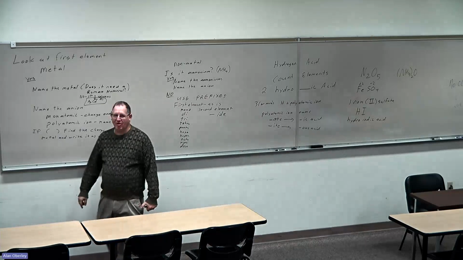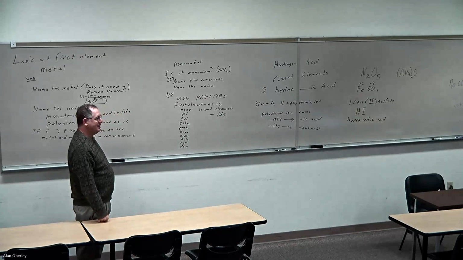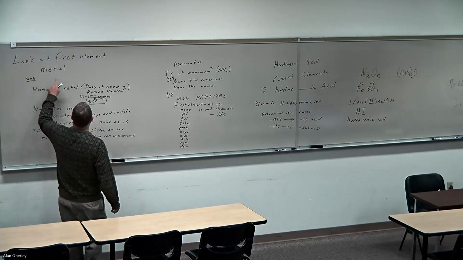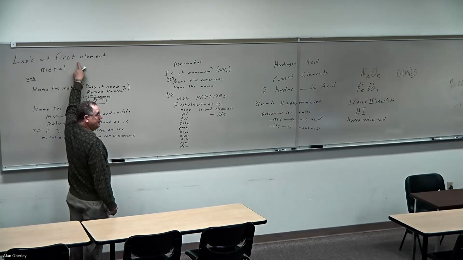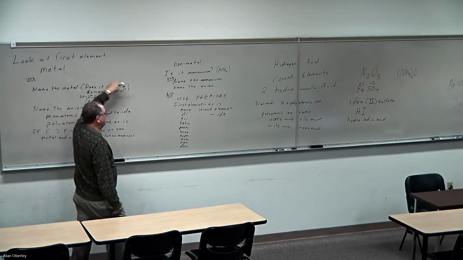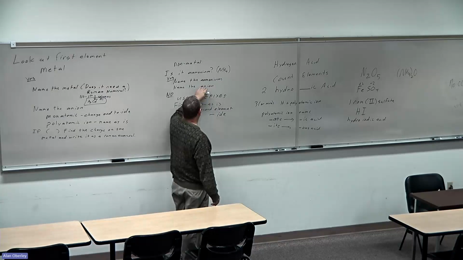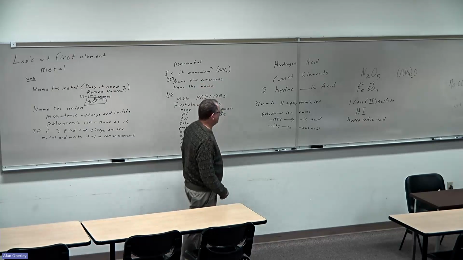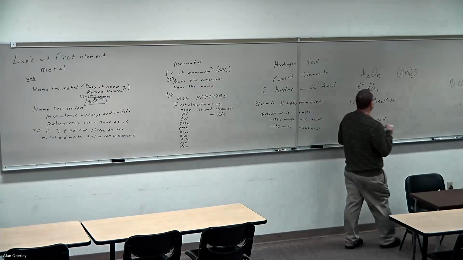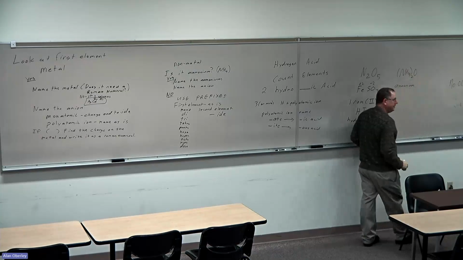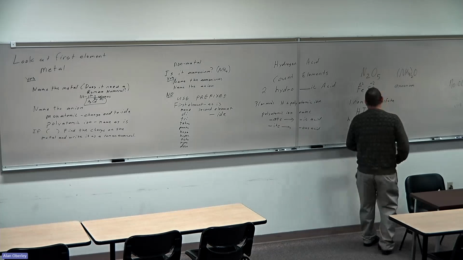What's the first element? It's an N, right? It's a metal. So is it ammonium? Yes. So we name it ammonium. And then what's the O? Oxygen. So how do I do oxygen?